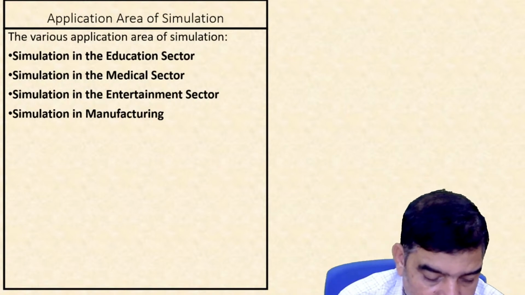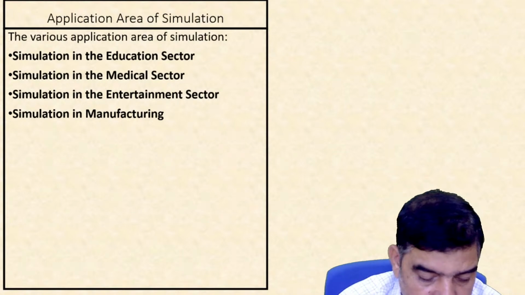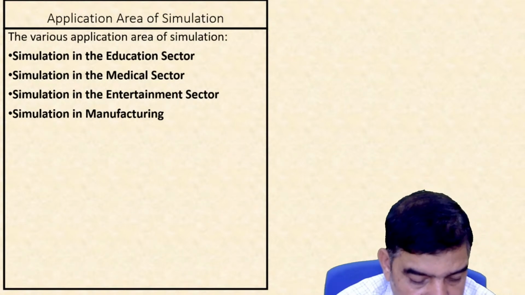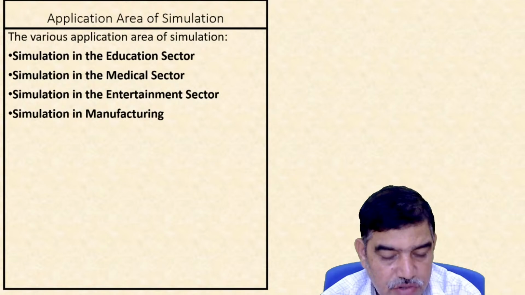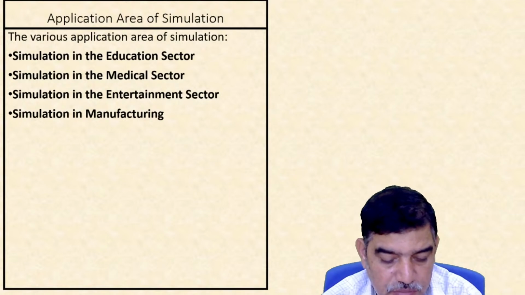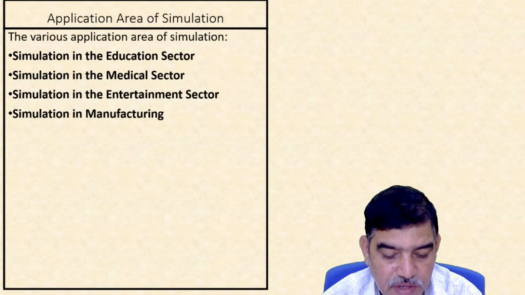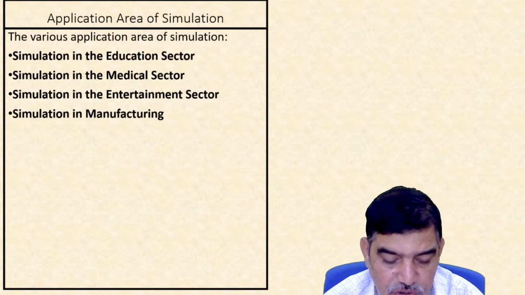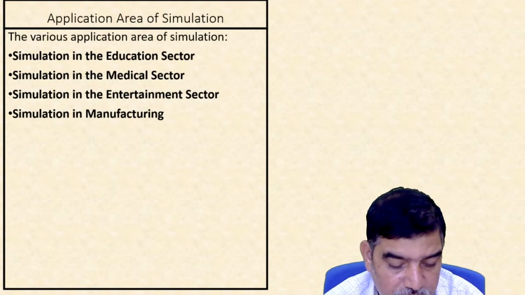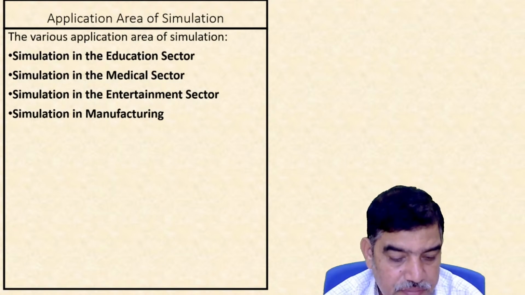So first we discuss simulation in the education sector. Simulation is widely used for educational purposes. Simulation models are used to create a real world environment in a classroom that helps students understand various key concepts.